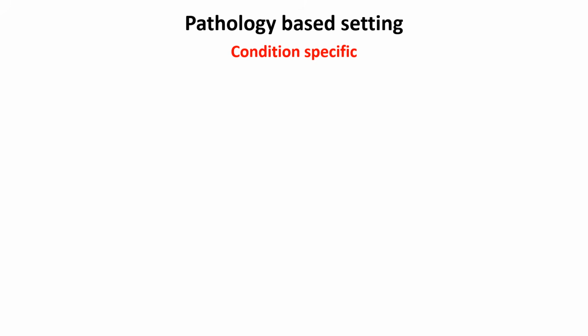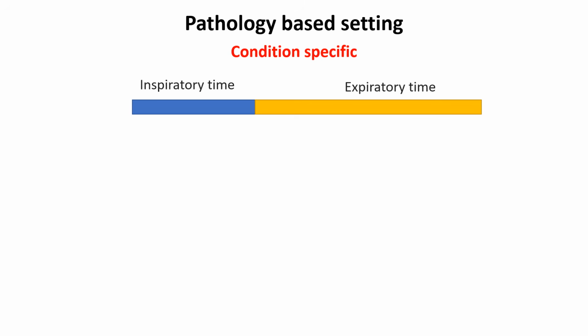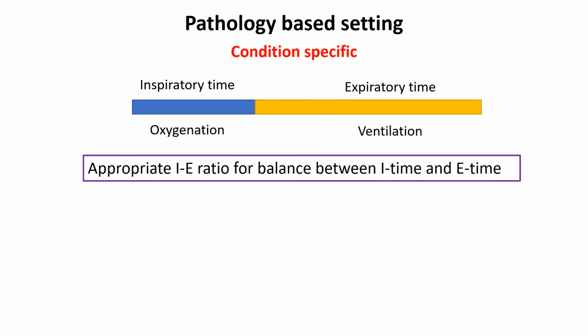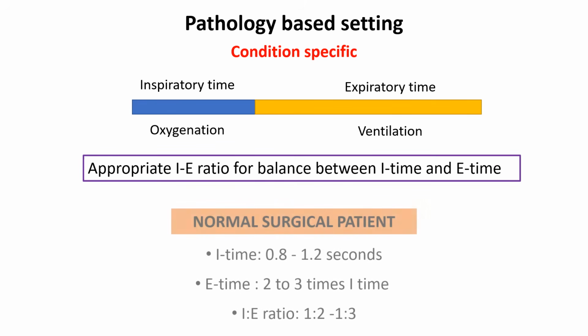Longer inspiratory time allows for a more complete filling of the lungs, enhancing oxygenation, while adequate expiratory time ensures complete exhalation, facilitating the removal of carbon dioxide from the lungs. The I/E ratio is strongly influenced by inspiratory time but must be adjusted to ensure adequate expiratory time.